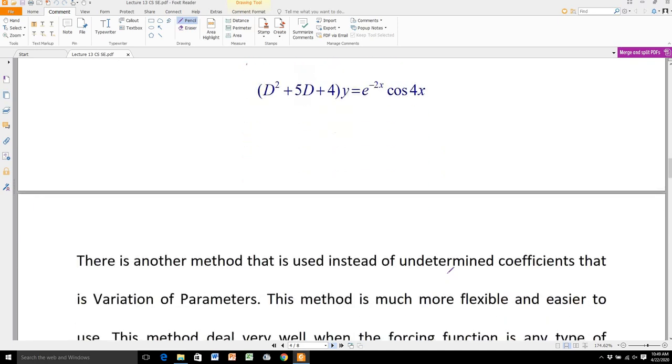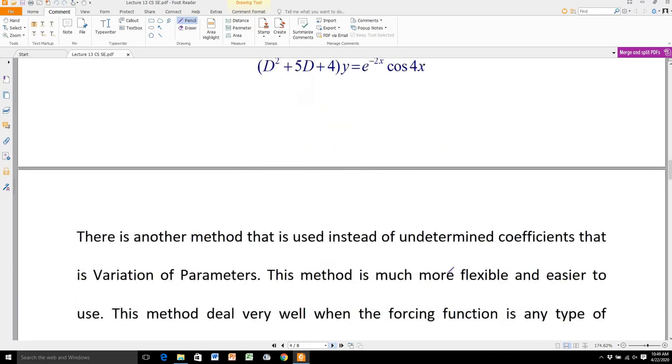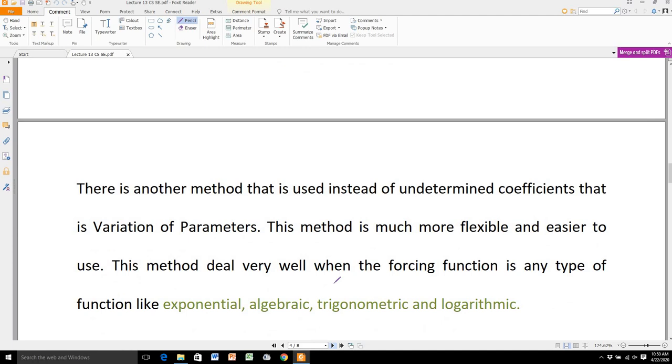There is another method that we use instead of undetermined coefficients, that is called the variation of parameters. This method is much more flexible and easier to use.